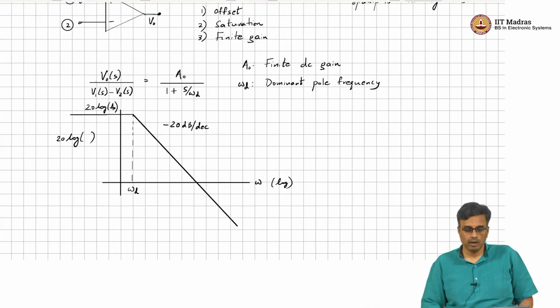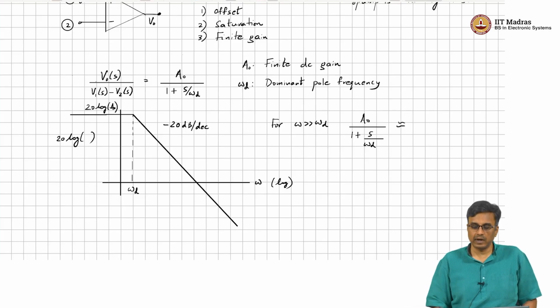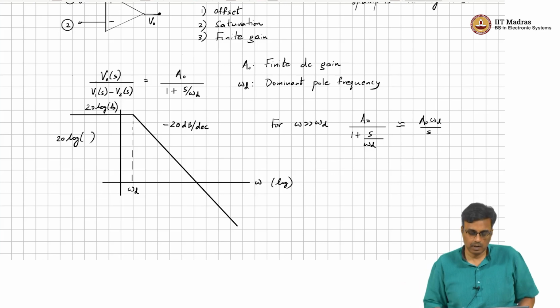All right. So, for omega much greater than omega D, this transfer function, which is A naught by 1 plus s over omega D, can be approximated as A naught times omega D over s, right.